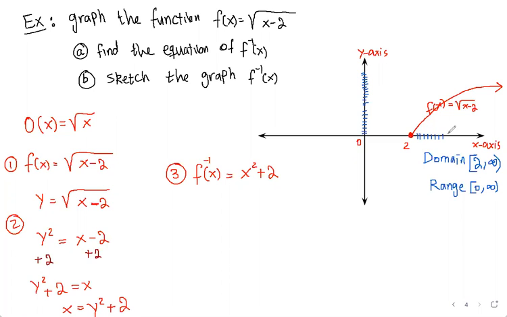All these x values are used, starting from 2. So the range is 0 to infinity and the domain is from 2 to infinity. This means the domain for the inverse function will be the range for f of x.